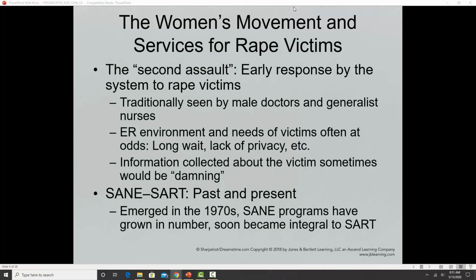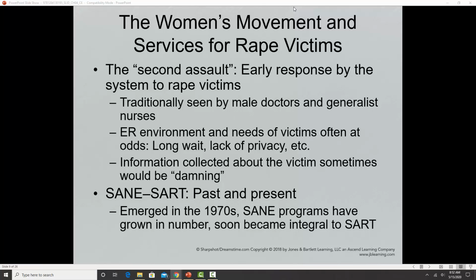This was a training program that began in the 1970s in Tennessee, where they specifically trained nurses in how to have empathy for victims, what victims are going through, and how to make that initial examination in the hospital as little in terms of being horrific as possible.